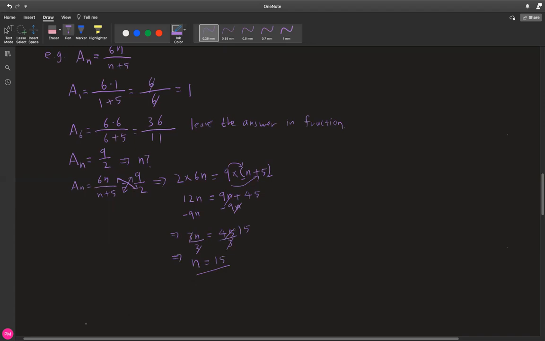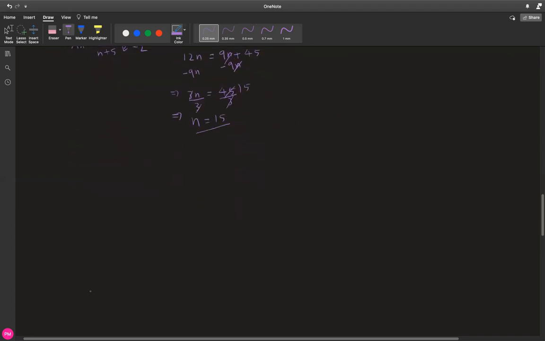Let's now go over a problem that involves a recursive formula. So let's consider a sequence that's now determined by a recursive formula instead of an explicit formula as 3a sub n minus 1 plus a sub n minus 2.